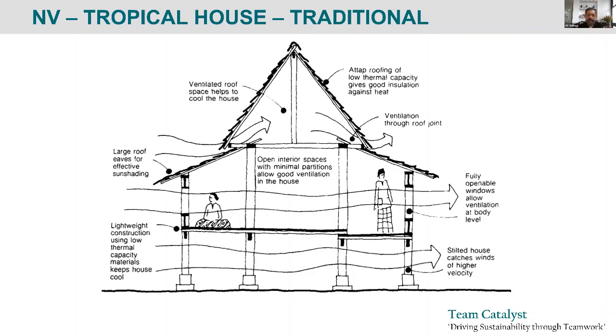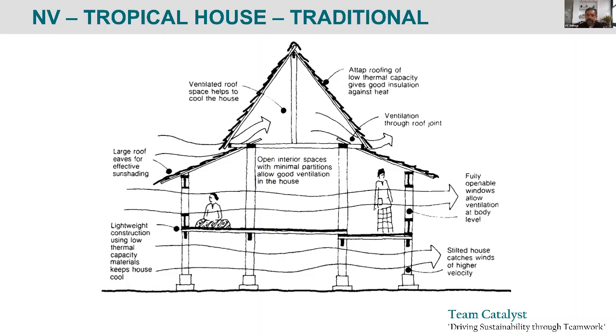You're trying to provide wide corridors, and you've got a building that's open so the breeze can go through. That's the ideal outcome. If you're living in the middle of the city and the air quality is not all that great, you may not want to open your windows. That's a different thing. But assuming that you do want to keep the building cool by just allowing the air through, then those are your design strategies.